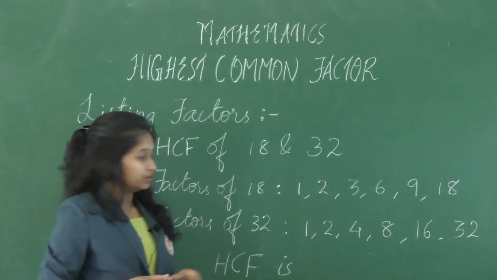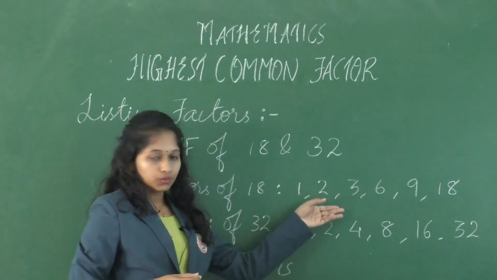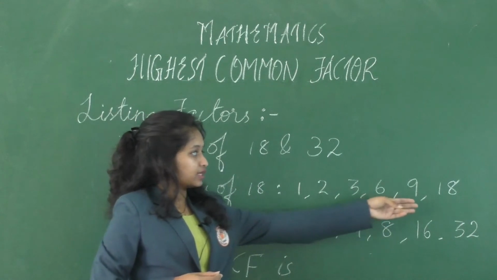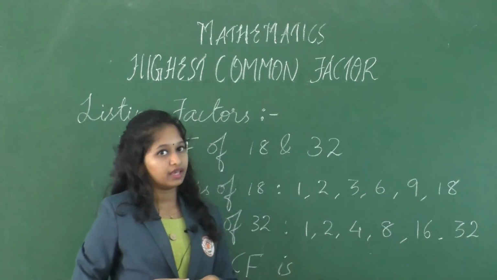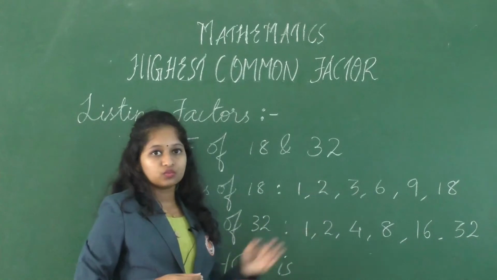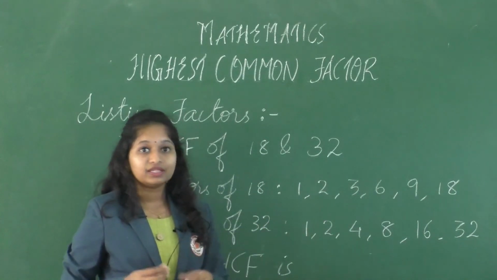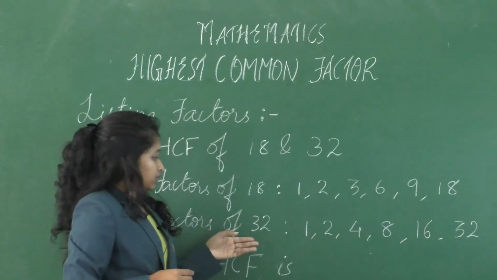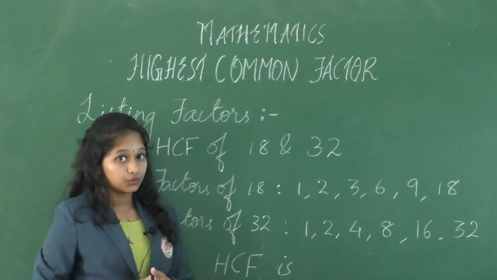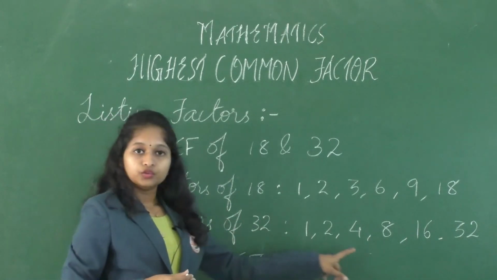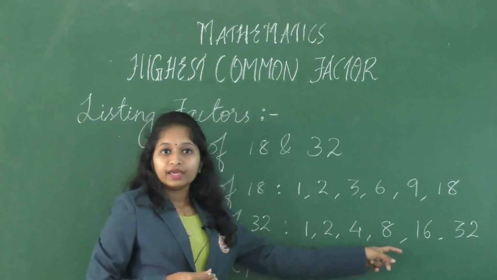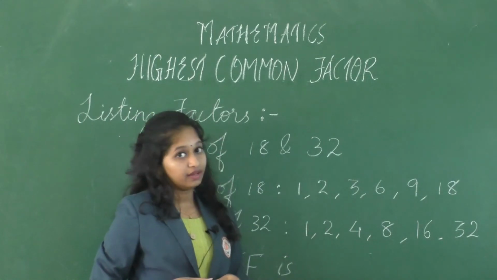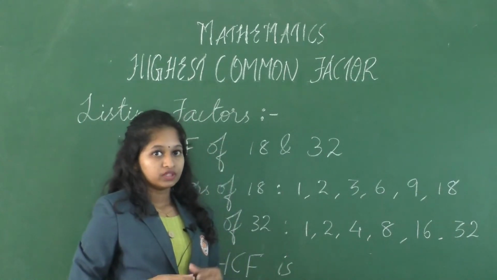Factors of 18 are 1, 2, 3, 6, 9 and 18. These are the numbers by which 18 is completely divisible. Now, what are the factors of 32? 1, 2, 4, 8, 16 and 32.